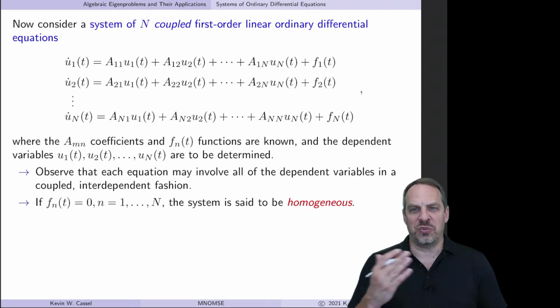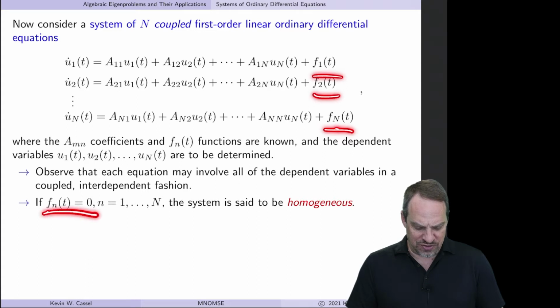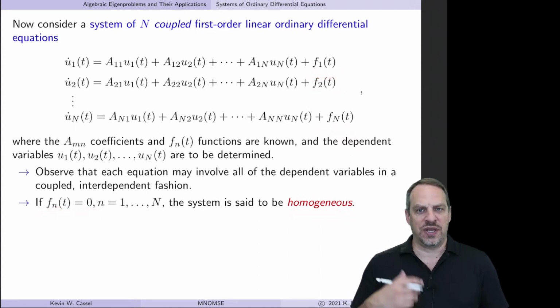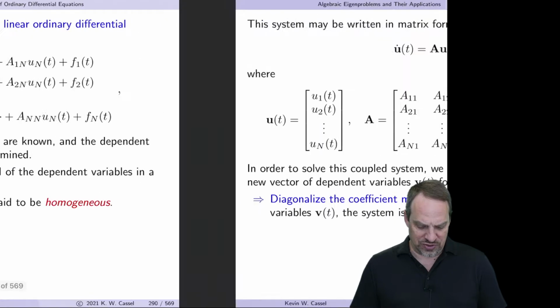And we need to solve them all together because the equations are coupled. I can't just solve one equation for u1, one equation for u2. All the equations involve all the variables in general, so I need to solve them in a coupled fashion. If it so happens that all these f's are 0, then we say the system is homogeneous. Again, homogeneous system just means that the system is equal to 0.